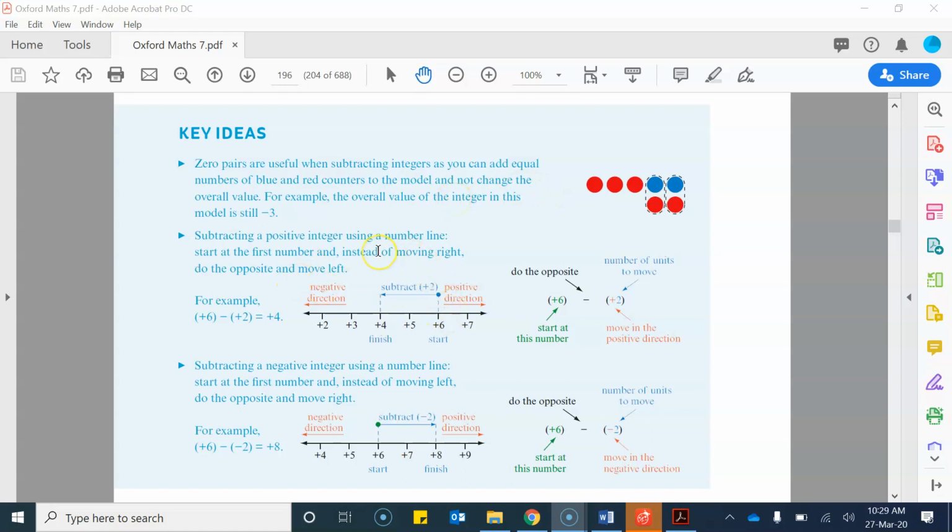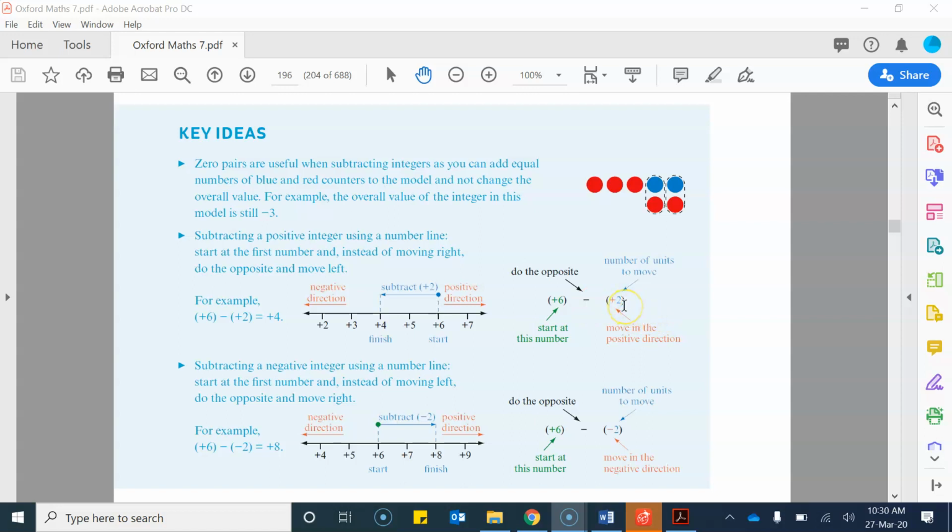Now when we're using a number line to help us with subtracting integers, we do the same process of starting at the point where our first number indicates. So here they've given our first number as positive 6, and so that's our starting point on our number line. Now we're subtracting positive 2.